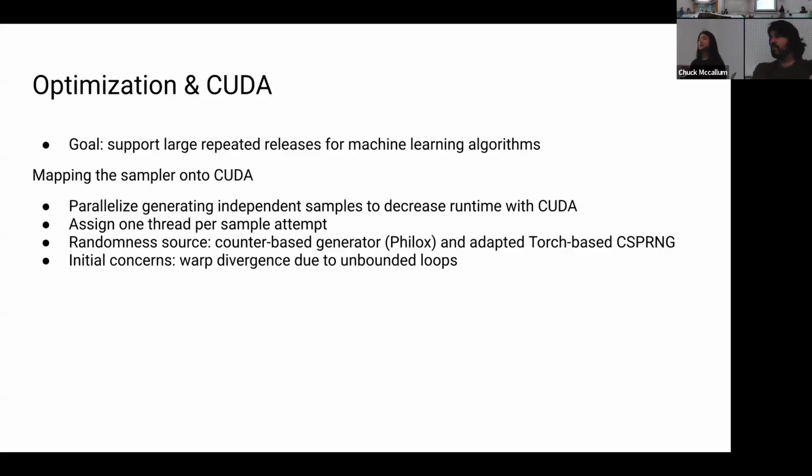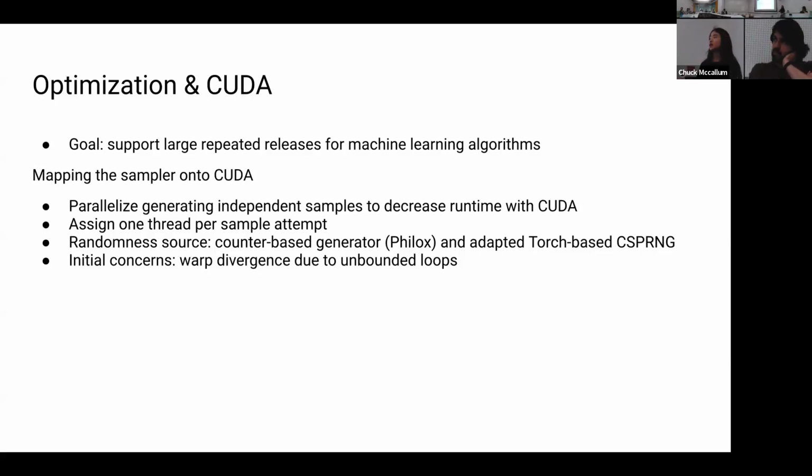And then in terms of the actual implementation with this algorithm, the main goal for this first is to support some large repeated releases, ideally targeting private machine learning model training, which Eddie has been helping out with benchmarking on some models.